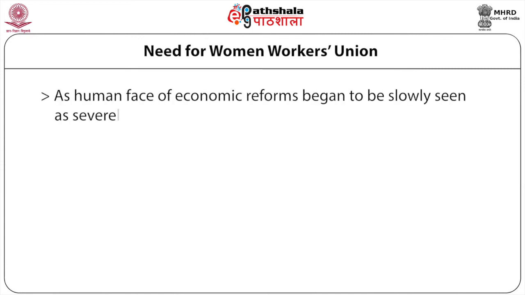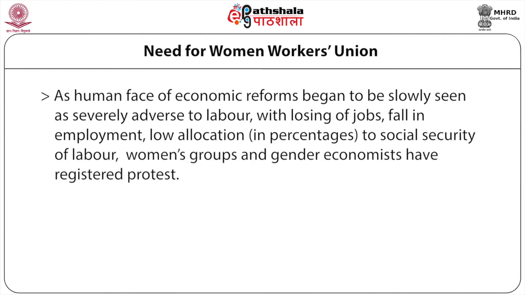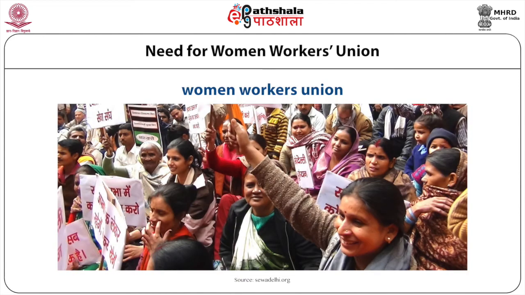As the human face of economic reforms began to be slowly seen as severely adverse to labour, with loss of jobs, fall in employment, and low allocation in percentages to social security of labour, women's groups and gender economists have registered protest. Now women workers find the need for unionization.